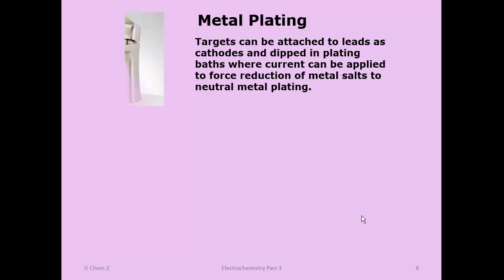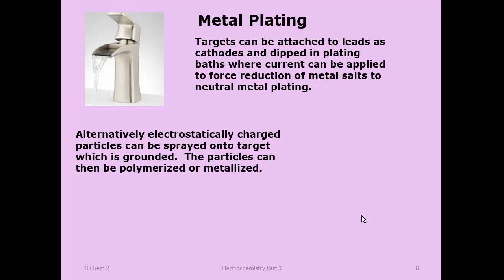So another application is metal plating. As I said, a lot of the features you can see in the room can be plated. These are small items that are metal plated. You attach them to connections and then drop them into plating baths, and we do that with car hubs and bumpers and a lot of faucets and features in the house.